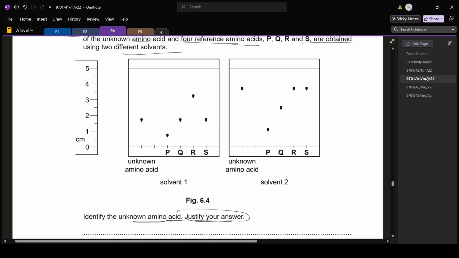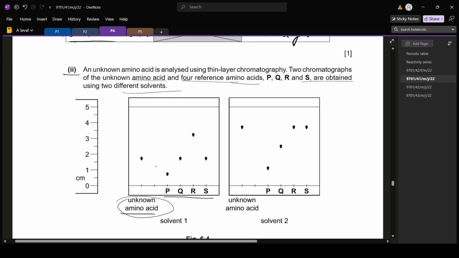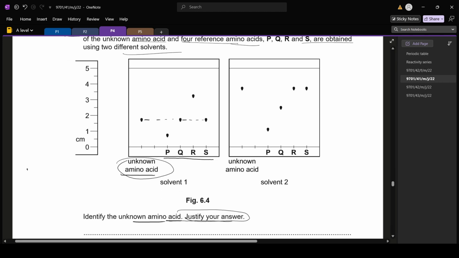So firstly, you have to see which reference amino acids the unknown amino acid matches. You can see that in the first solvent it equals Q and S, and in the second solvent the unknown amino acid equals R and S.